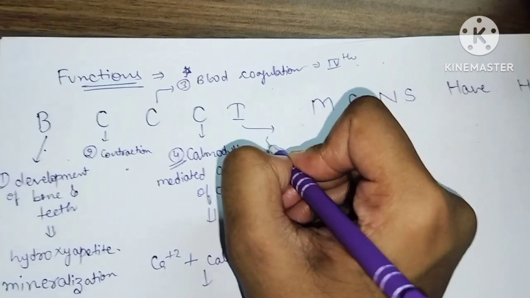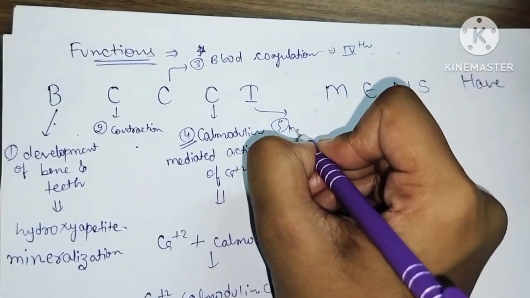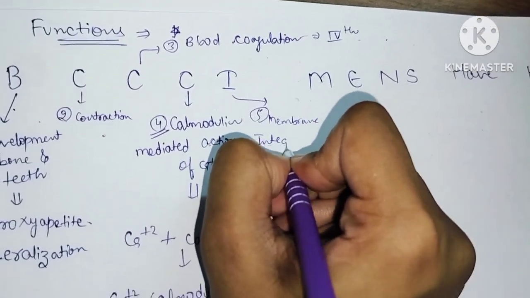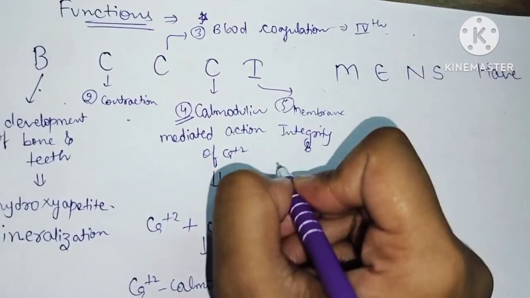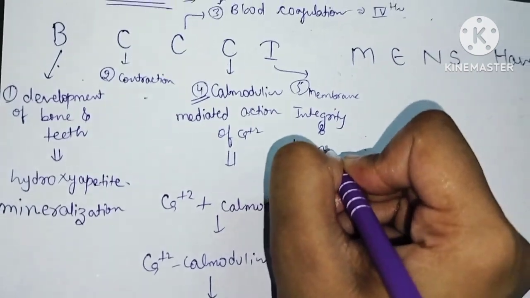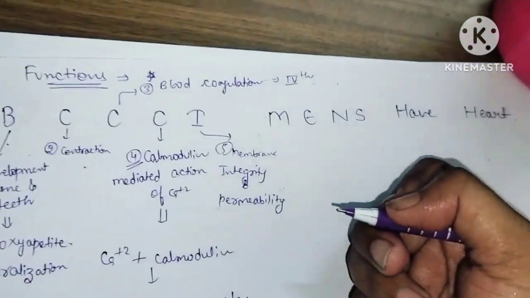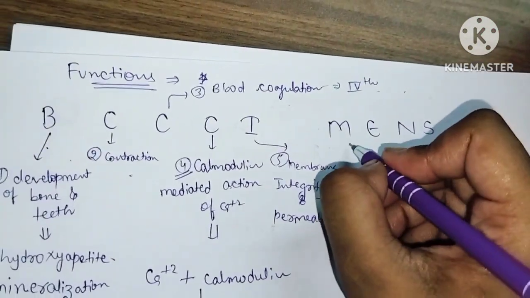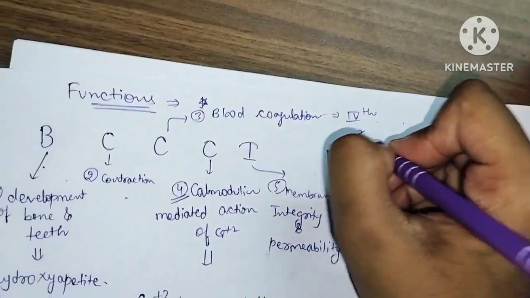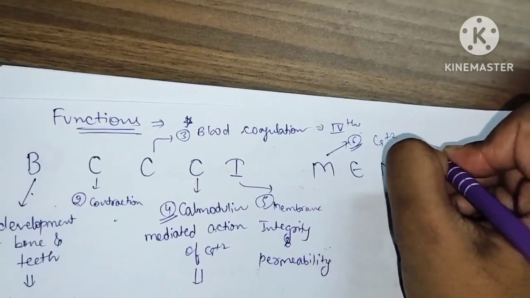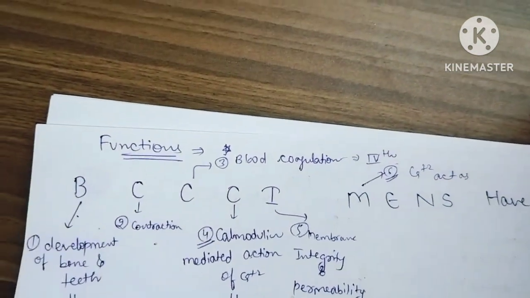Fifth is membrane integrity and permeability. Calcium plays an important role in membrane integrity and permeability by transporting water and several ions across it. Sixth, calcium acts as an intracellular messenger.